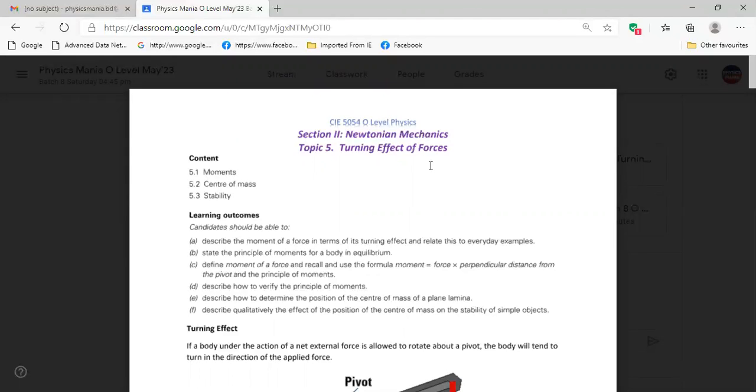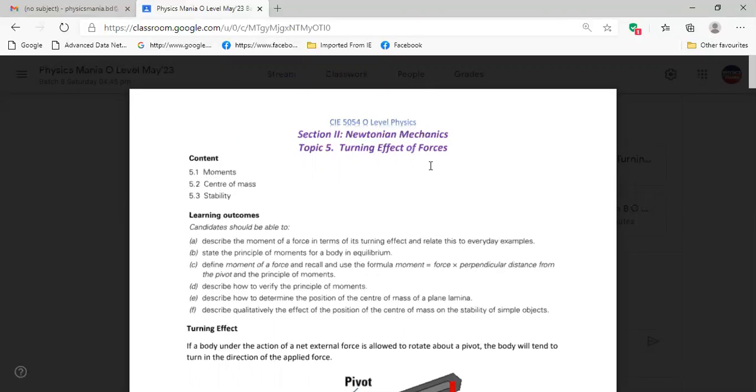What are those two conditions? The conditions for equilibrium: the sum of acting forces will be zero, so there is no resultant force, and the sum of the torque will be zero, the rotation force.